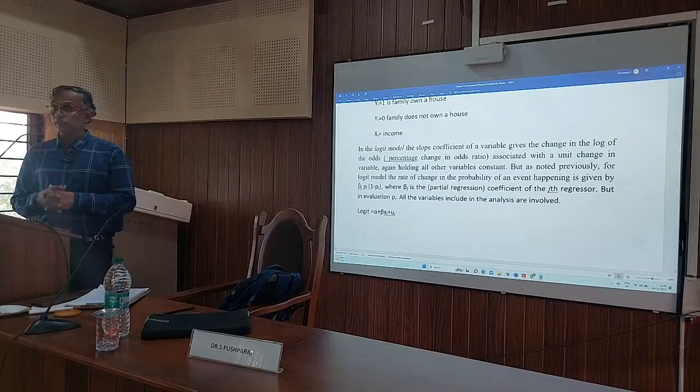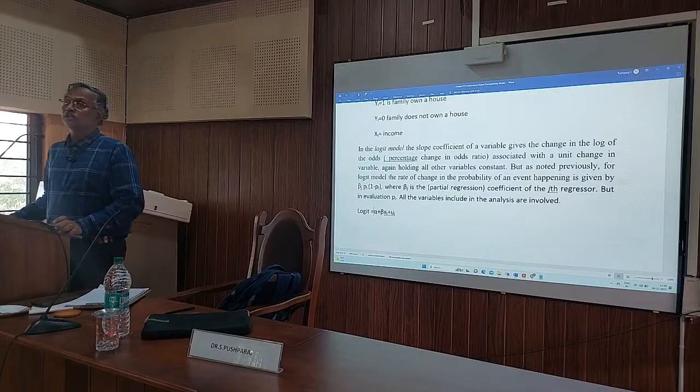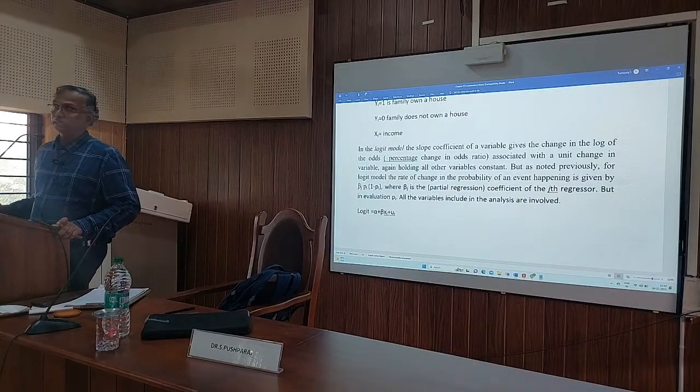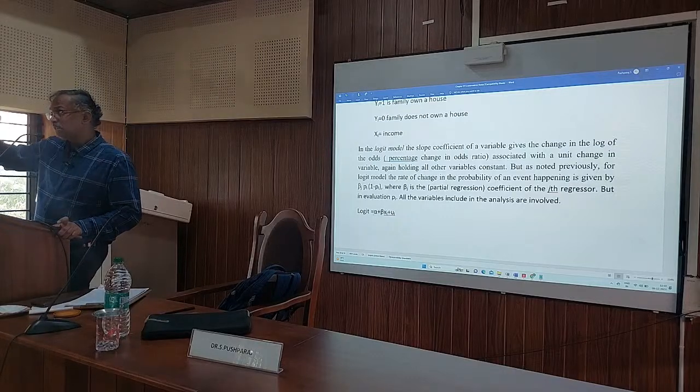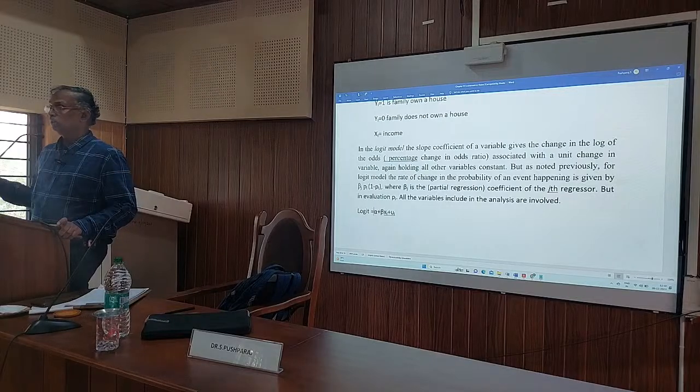Beta is a marginal value. Beta is the marginal change when there is a small change in x. So beta measures the marginal change in logit when there is a unit change in x. Marginal change in logit: how would you interpret it?